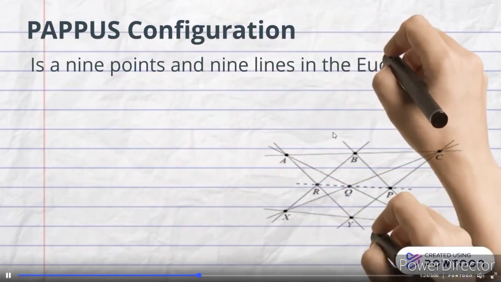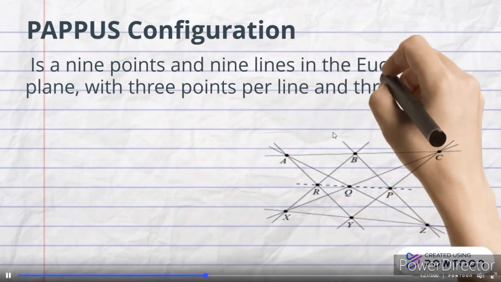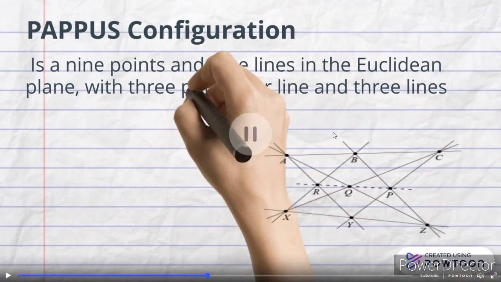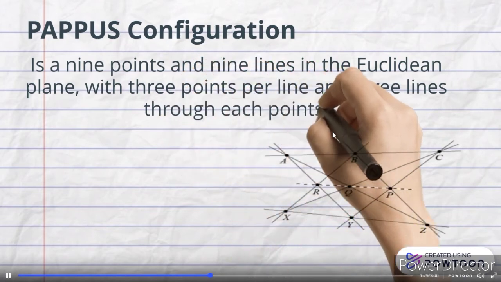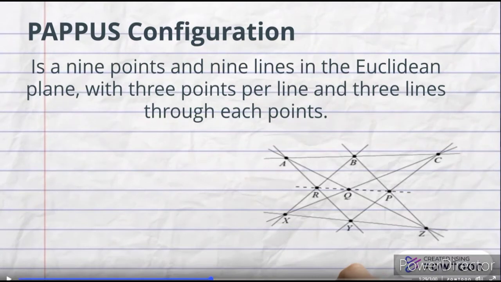Now let's talk about the Pappus configuration. Pappus configuration is 9 points and 9 lines in the Euclidean plane with 3 points per line and 3 lines through each point. Now let's talk about Theorem 1, the Theorem of Pappus.